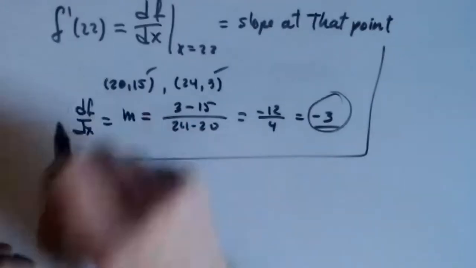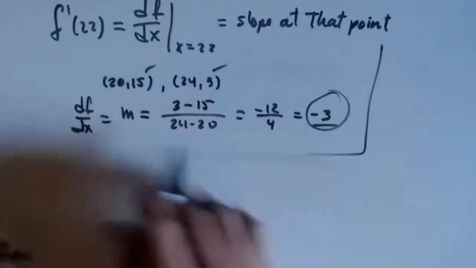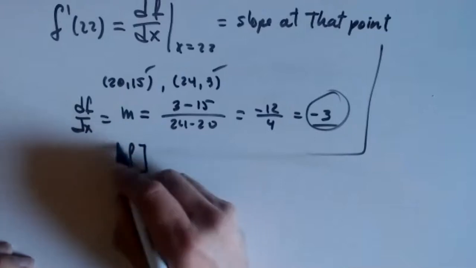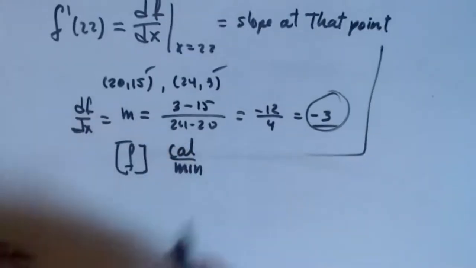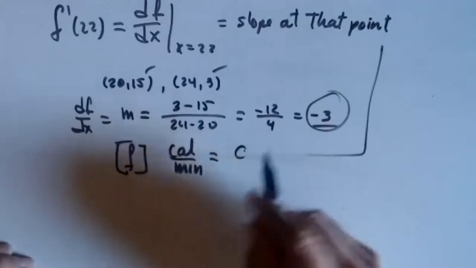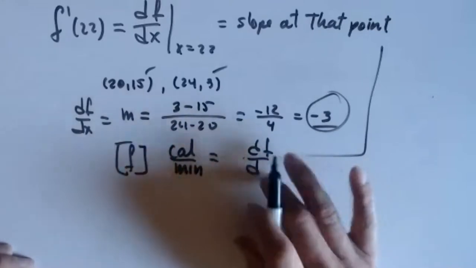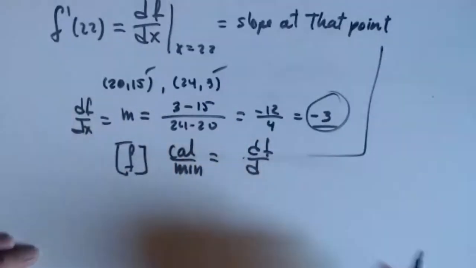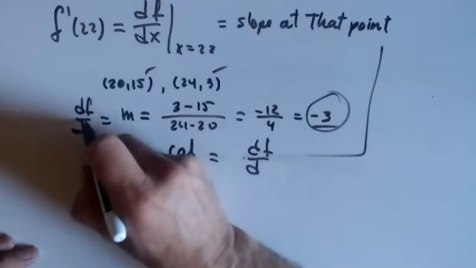So f is calories per minute, right? And this is df/dt, correct? Or dx, in this case it is really time. Yeah, it's time. Let me just put here the t.